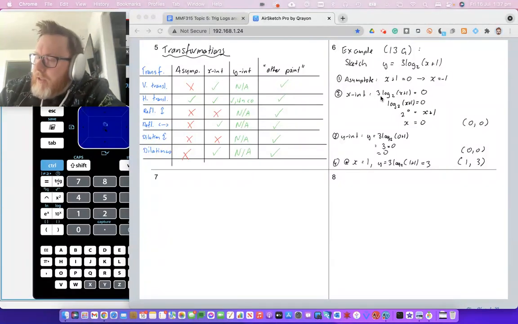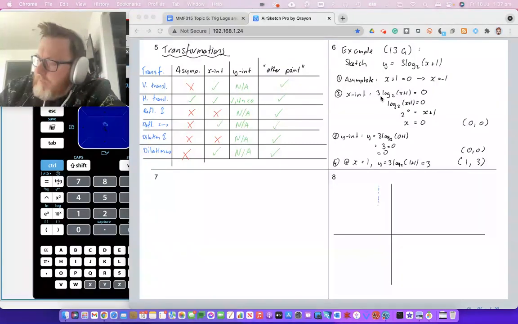I'll go down to slide 8 and draw it. First of all, my axes in. Oops, I might just go a little bit further towards the middle because I have translated that. I'll put my vertical asymptote in, which is about here. So it's x equals negative 1.